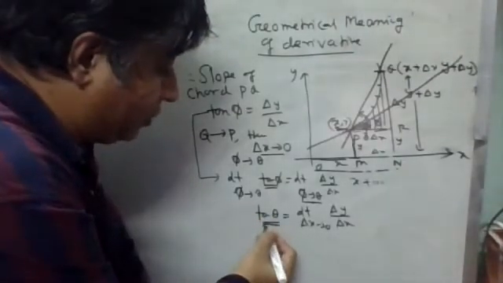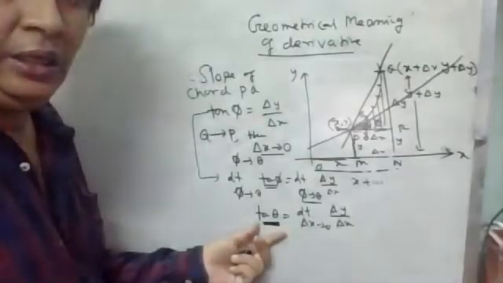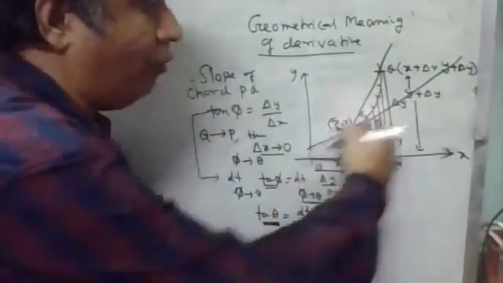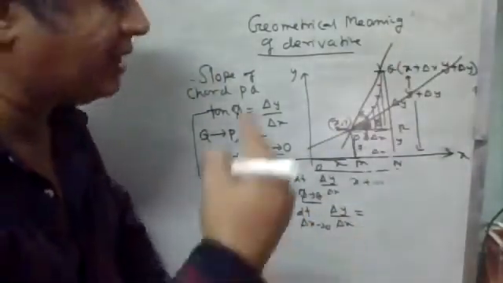What does it mean? What does it give us? This is the slope of what kind of line?